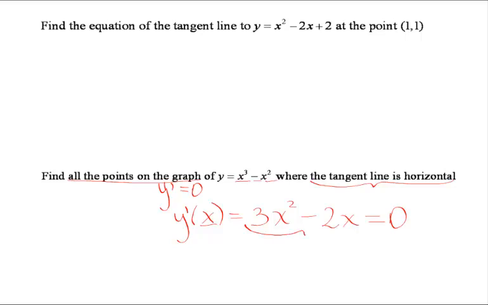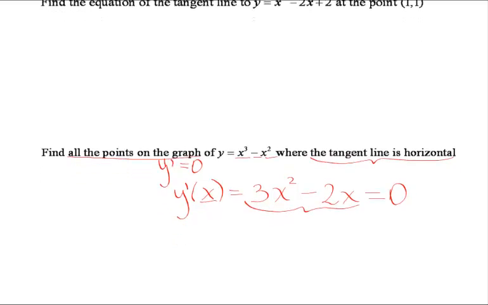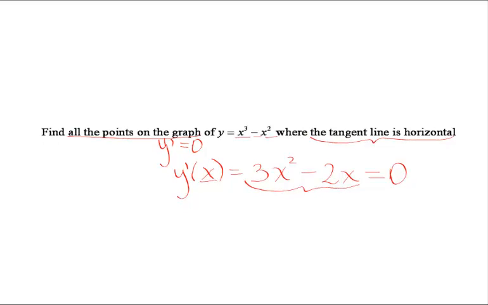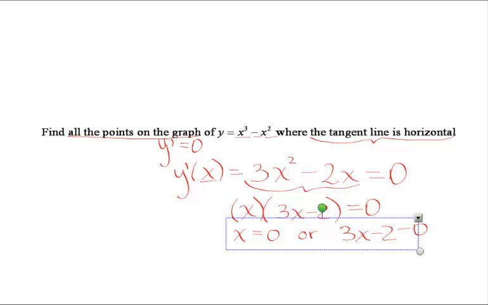This is a quadratic equation. This is where algebra comes into calculus, and it comes in a lot. There is an x common to both terms. I'm going to factor that out. That is how we solve quadratic equations. So either x equals 0 or 3x minus 2 equals 0.